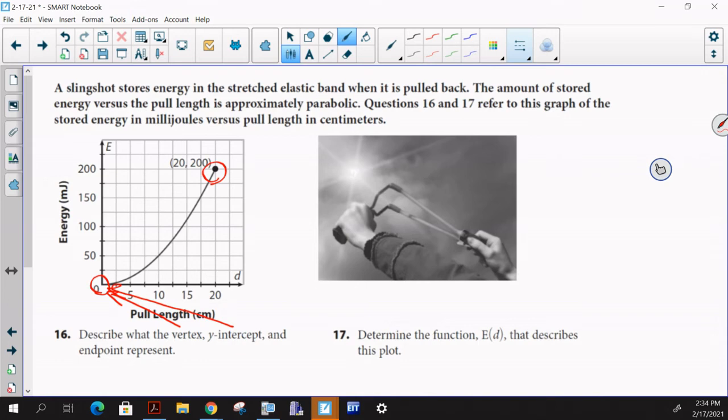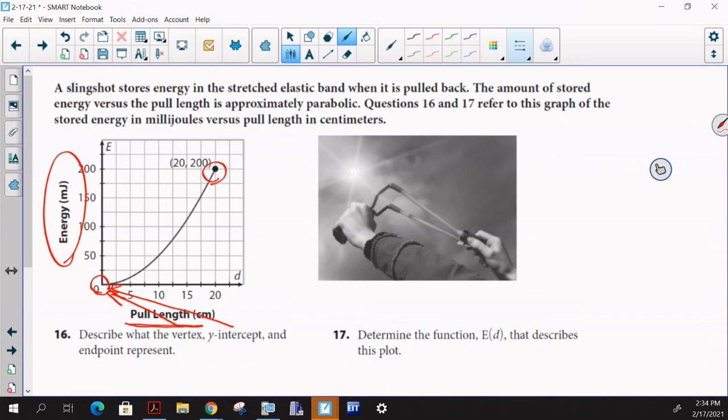First of all, if I'm going to talk about the y-intercept, I probably need to look at how my y-axis is labeled. So basically, the y-axis is telling me how much energy is stored when I pull it back a pull length, and it changes. It's actually a parabolic curve. The farther I pull it back, the energy increases quite a bit, actually.